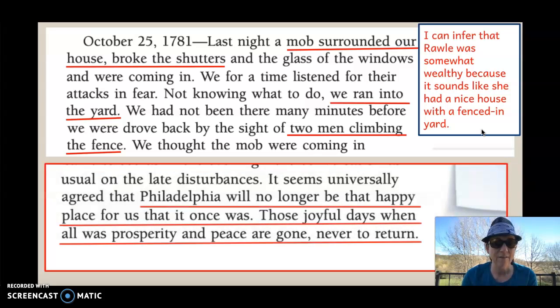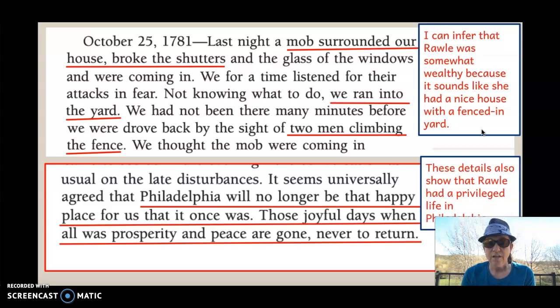And then I also have, "Philadelphia will no longer be that happy place for us that it once was. Those joyful days when all was prosperity and peace are gone, never to return." So these details here also show that Rall had a privileged life in Philadelphia.